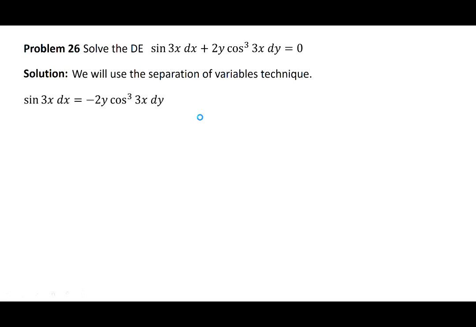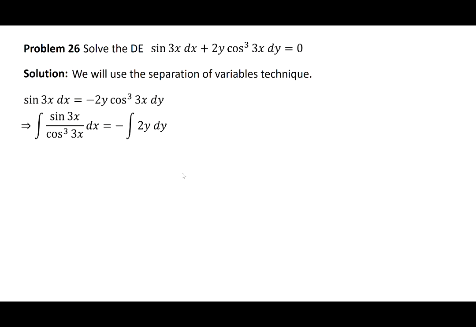But this one has a 2y dy, which are y terms, but it also has a cosine cube 3x. So maybe as a first step, let's do that. And now can we separate? Yes, we could divide both sides by cosine cube of 3x, and that should do the trick.